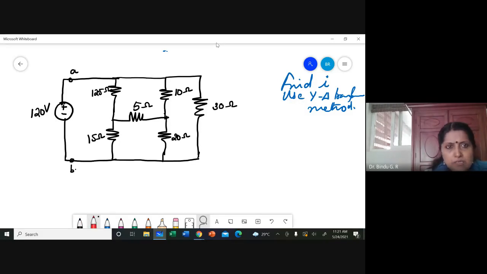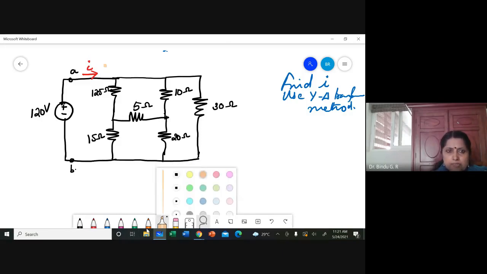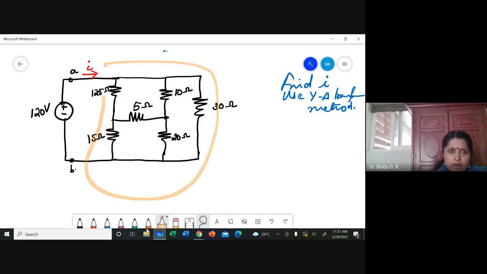Now you are asked to find this current I. The source voltage is given as 120. If you can find the total equivalent resistance, R equivalent, then I will be nothing but 120 divided by R equivalent, isn't it?